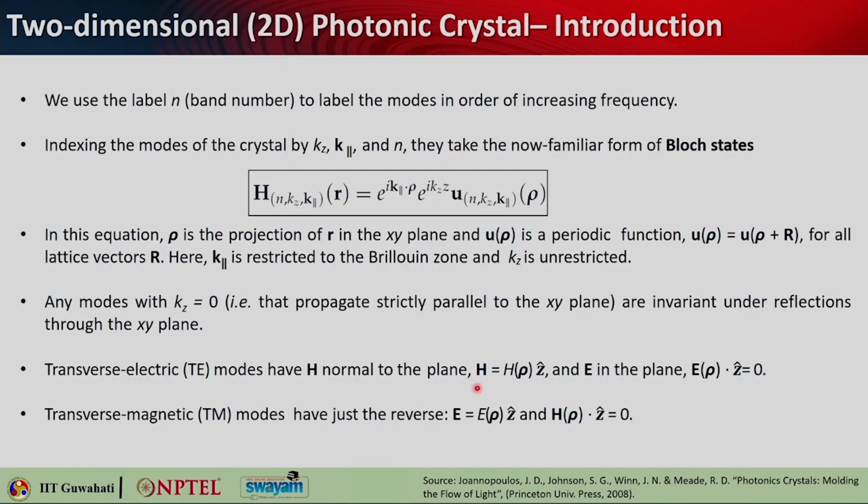So, we can take H equals H(rho) z cap, okay, and E is in the plane, so you can write that E(rho) dot z cap is 0, okay. And for TM modes you just have the reverse of it. Transverse magnetic means there is no magnetic field in the propagation direction. So the magnetic field is basically transverse. So you can write H(rho) dot z cap is 0 and E equals E(rho) z cap.